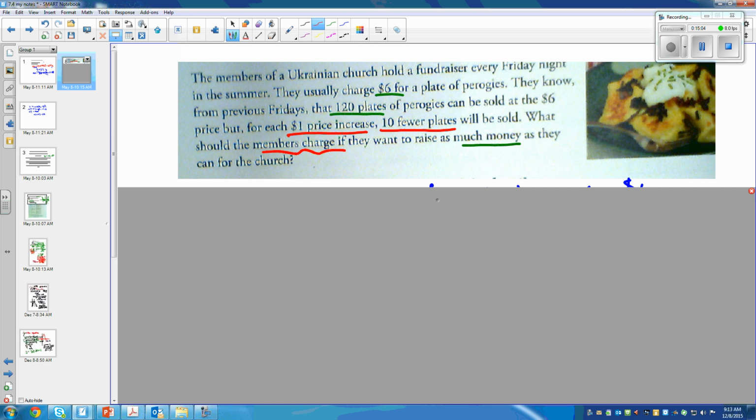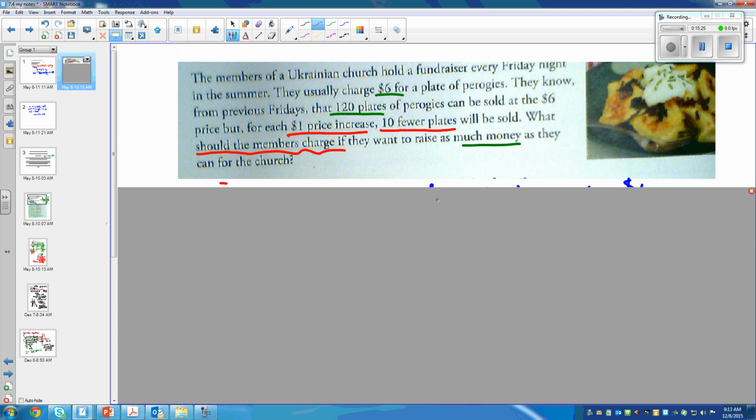And we want to know what the member should charge to maximize. Okay? So, the first thing we need to remember is, what are we trying to figure out? What are we trying to optimize here? Right? We are trying to optimize money for the church.